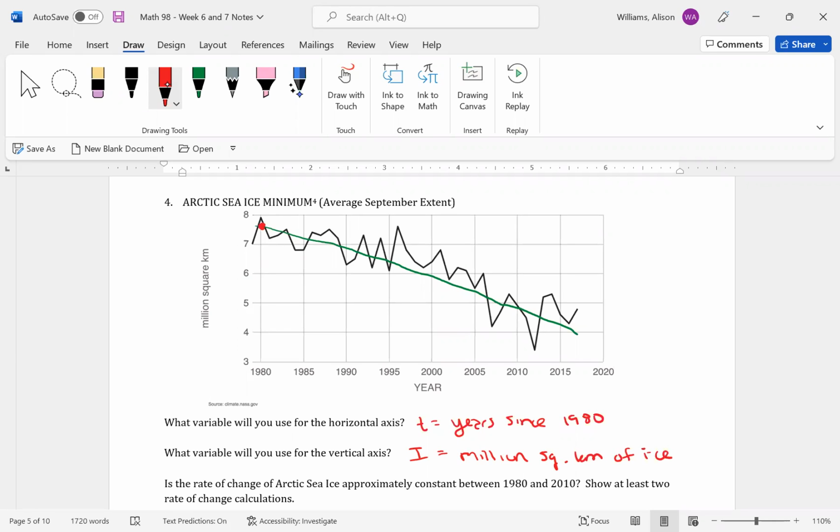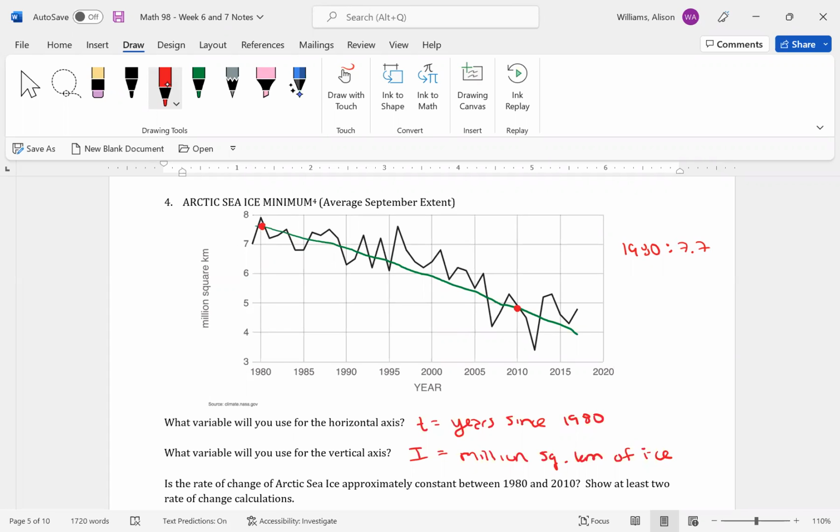All right. So in 1980, here, I'm going to write this down. That's going to be my initial value. And that looks like it's maybe 7.7. So 7.7 million square kilometers of ice. And then here, let's go to 2010, is not so bad.